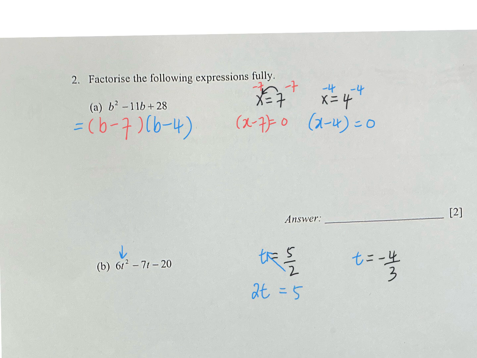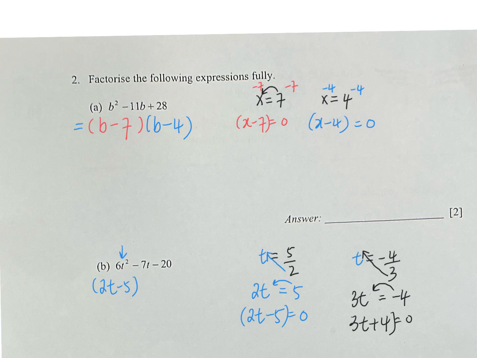Then I minus 5 because I bring it over, right? So this is one of my factors. What is the other one? I cross multiply this, and then I bring this over. So this is the other factor.